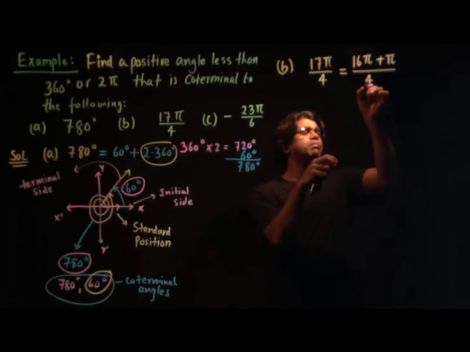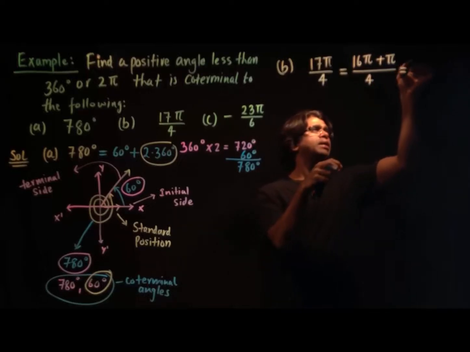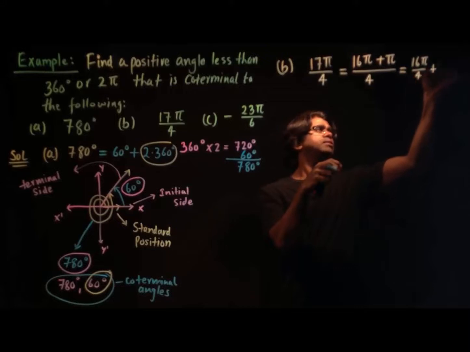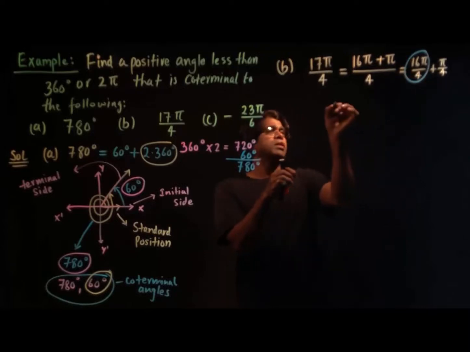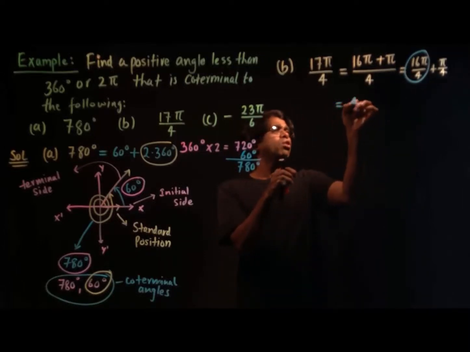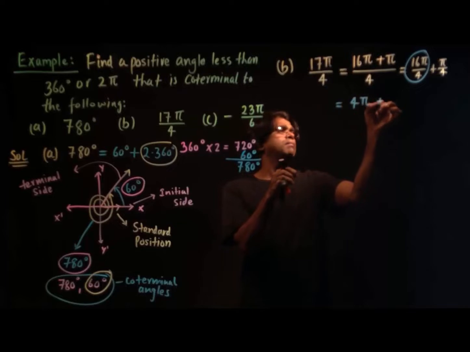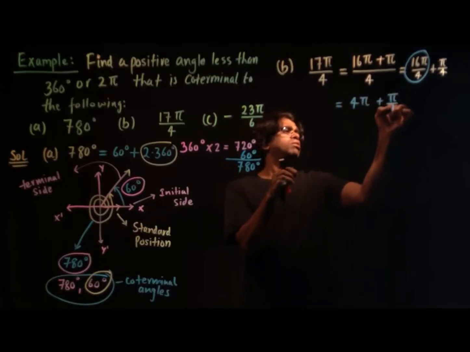Now I'm going to separate this 4. So I will write 16 pi over 4 plus pi over 4. Now 16 pi over 4 is basically 16 over 4 is 4. So I have 4 pi plus pi over 4.